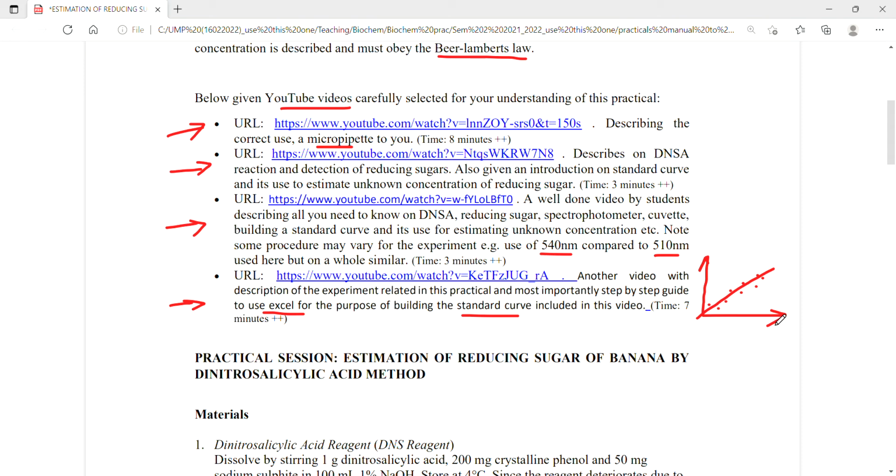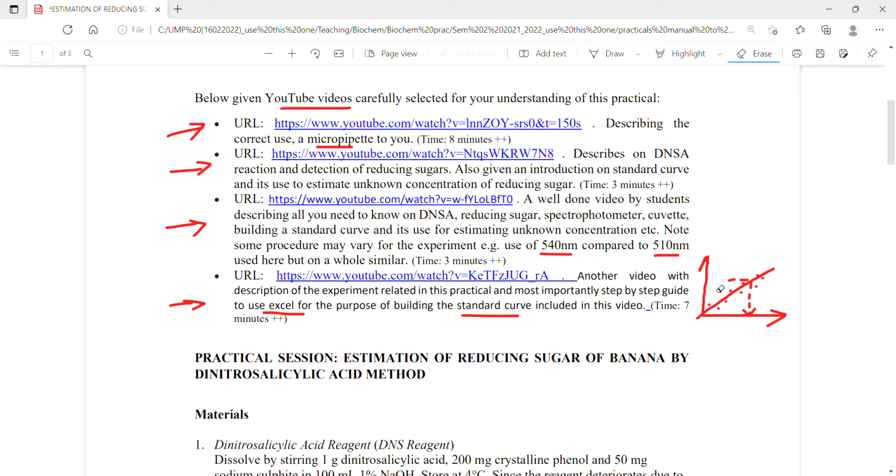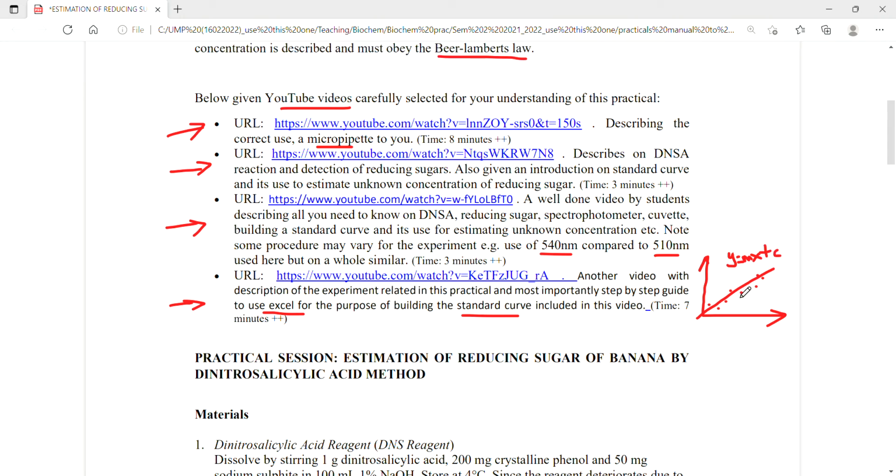But in order to find out the unknown concentration, I had to extrapolate. They call it extrapolate. But these days, there is no need for extrapolating like this. All you have to do nowadays is determine the equation y equals mx plus c, and then just replace y.